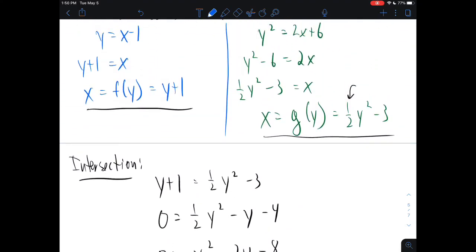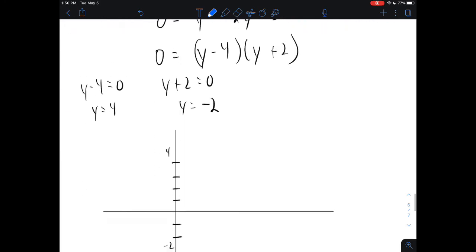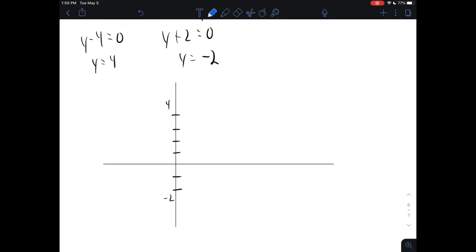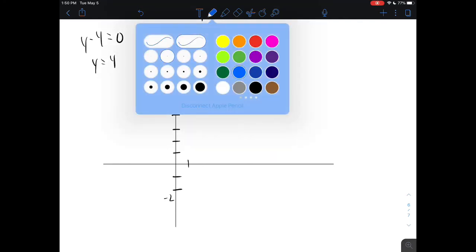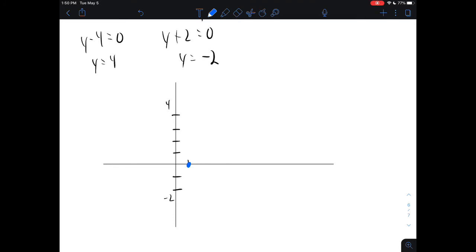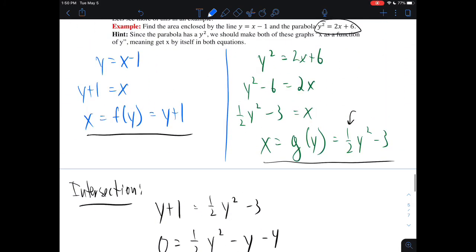So I'm going to start with, let's say, when y is equal to 0. When y is equal to 0, then x will be equal to 1 for the line, which means I would have a point here. And then if I want to plug in another number, how about if I plug in y equal to 1?